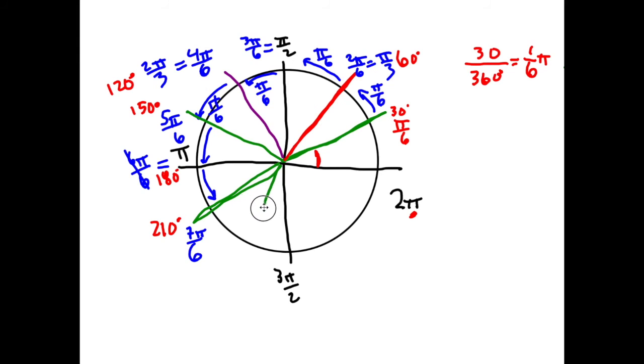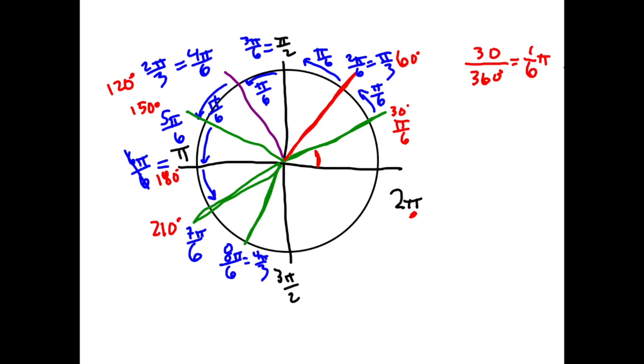Another 30 degrees or pi over 6. Okay, 8 pi over 6, like this. But that would reduce to 4 pi over 3.